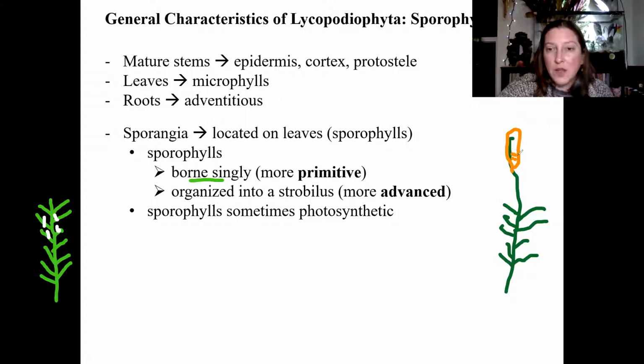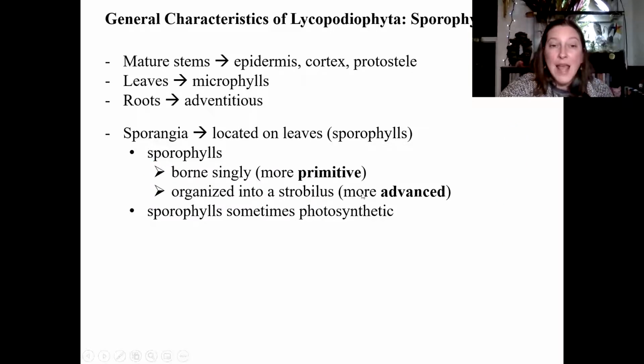So here you have another lycopod, and on the bottom are the regular microphylls, these guys down here. But in this case, the sporophylls, or the microphylls that have sporangia on them, are organized in a structure called a strobolus. So this thing up here is a strobolus, and on it are a bunch of microphylls. And in this case, these microphylls in this strobolus are not green, not photosynthetic.